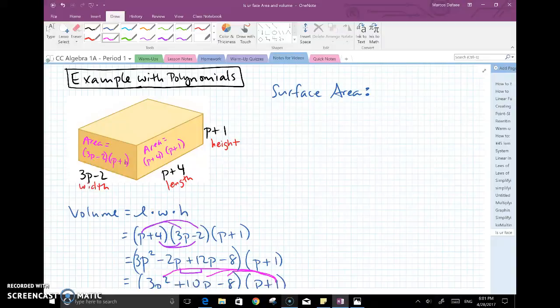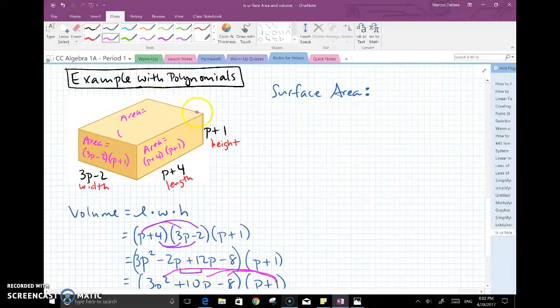Okay. Now the area of the top will be of this. Again, it seems like nothing is labeled, but actually you have the length all along this, that's the length, and if you look at the bottom, this is called p plus 4. So therefore this is also p plus 4.